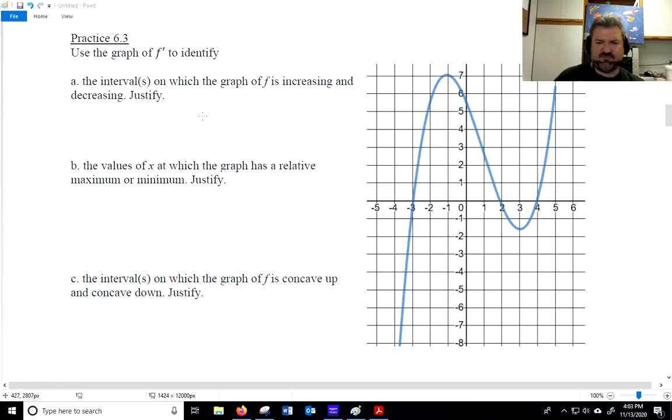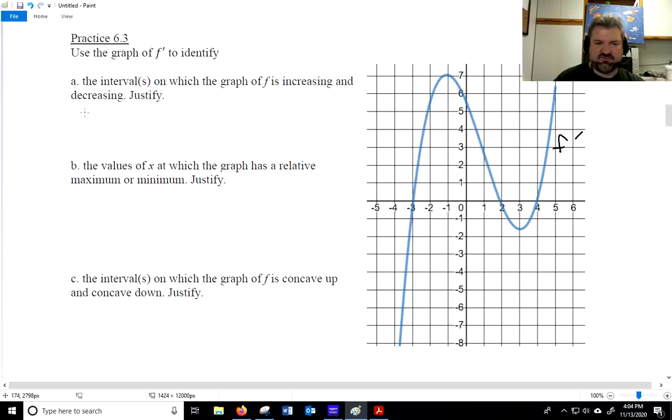The intervals on which the graph of f is increasing and decreasing. Justify. Well, this is the graph of f prime. The only way we ever say that the graph of f is increasing is to say that f prime is positive. And we can say that f is decreasing if f prime is negative. That's the only acceptable justification.